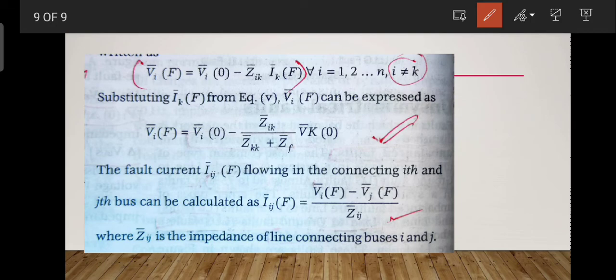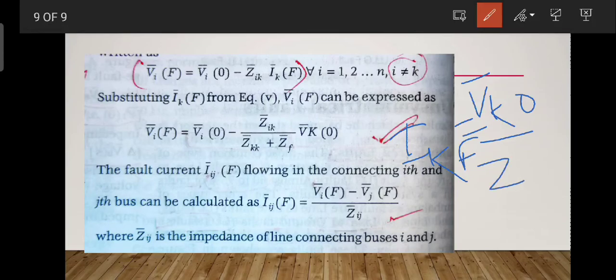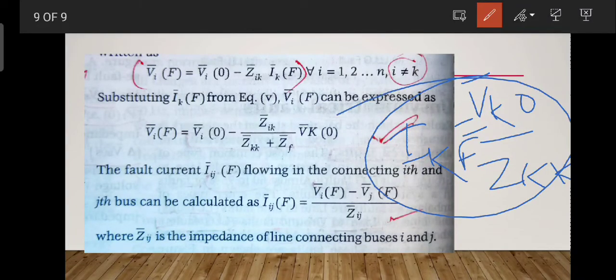And also from the figure, Vk fault is equal to Zf into Ik fault. So Ik fault is equal to Vk0 divided by Zkk. But it's Ohm's law only. You already know Ohm's law, that's why I am not telling you about that.